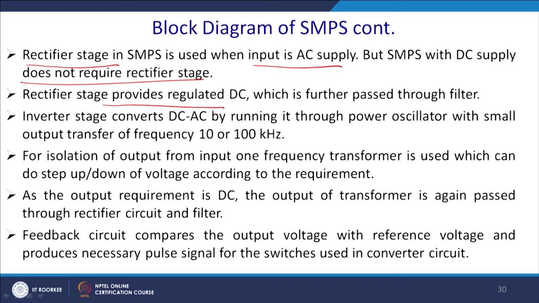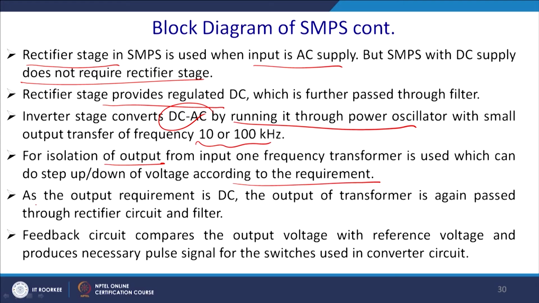The inverter stage converts DC to AC by running it through power oscillators with a small output transformer, with frequency ranging from 10 to 100 kilohertz, and the power rating is just the reverse, so it can go from 1 kilowatt to 100 watt. For isolation of the output from the input, a high frequency transformer is used, which can step up or step down the voltage according to the requirement.